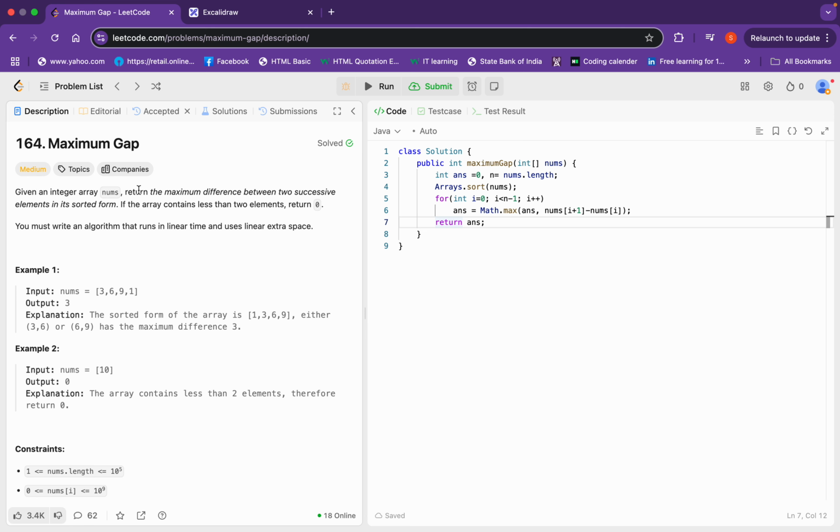Given an integer array nums, return the maximum difference between two successive elements in its sorted form.